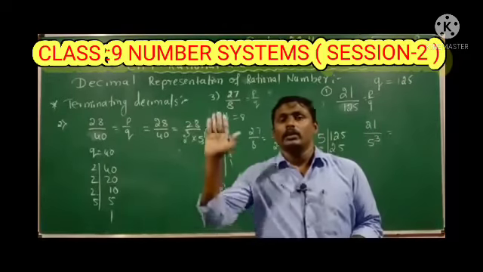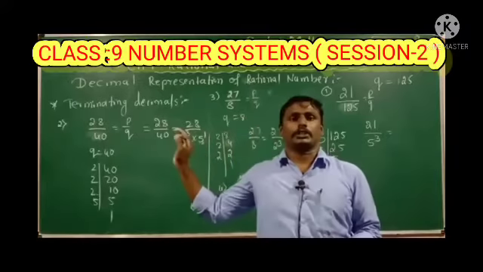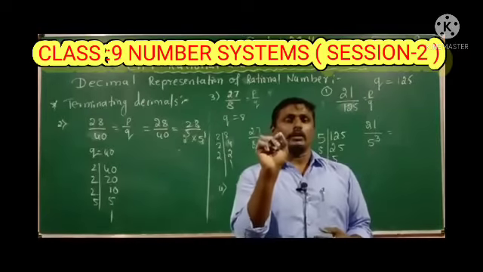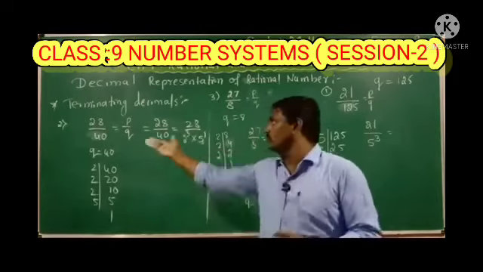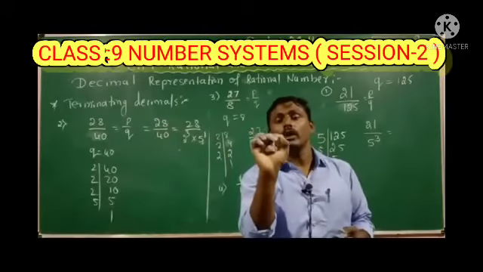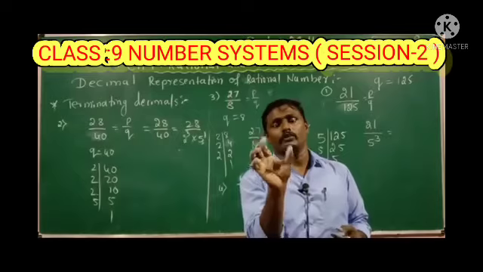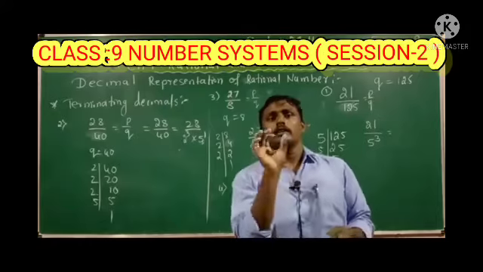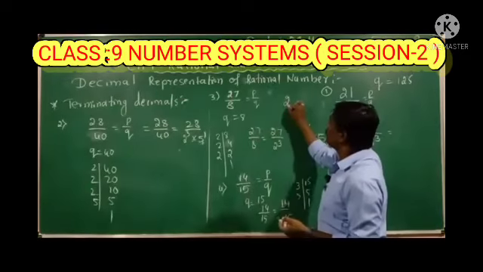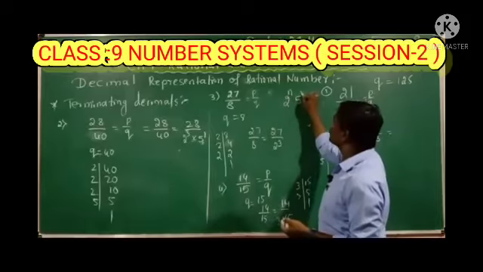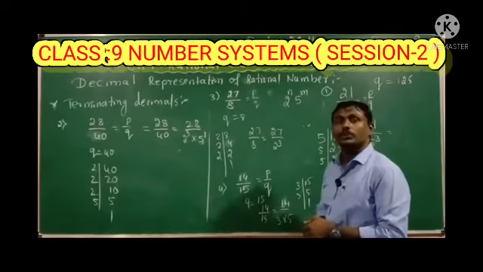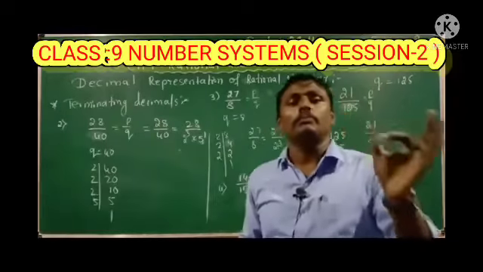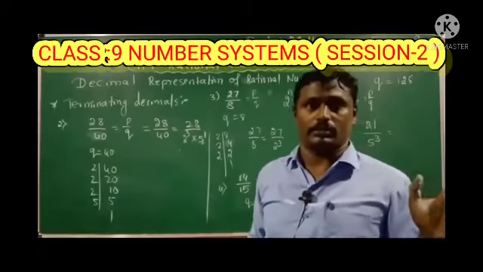Listen here. In the given rational number, the denominator, that is the Q value, when we are factorizing the denominator, if it is in the form of 2 raised to n and 5 raised to m, then those numbers are completely terminating numbers.